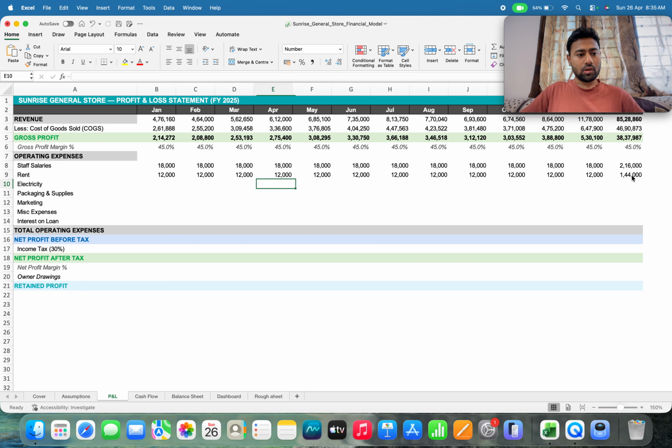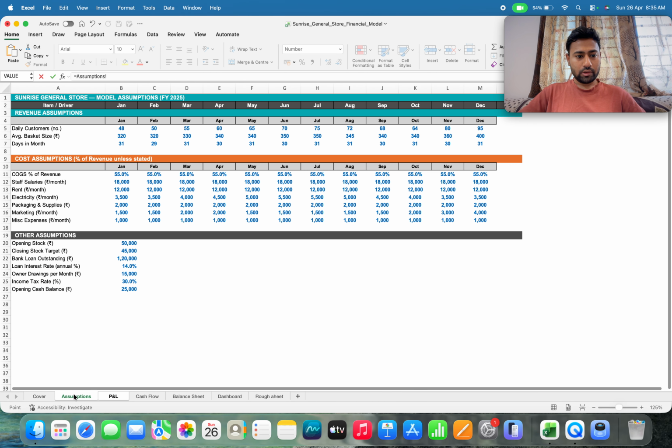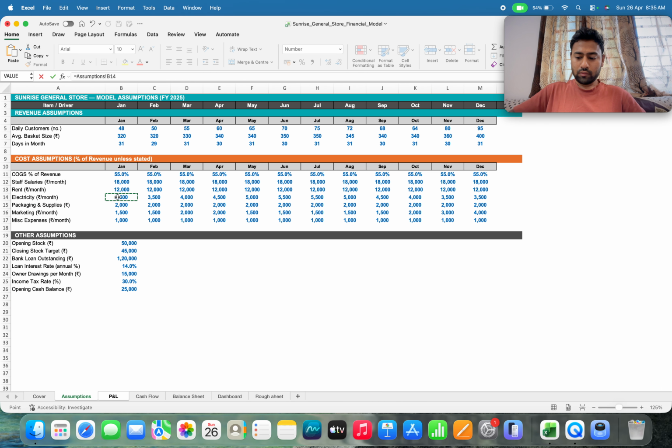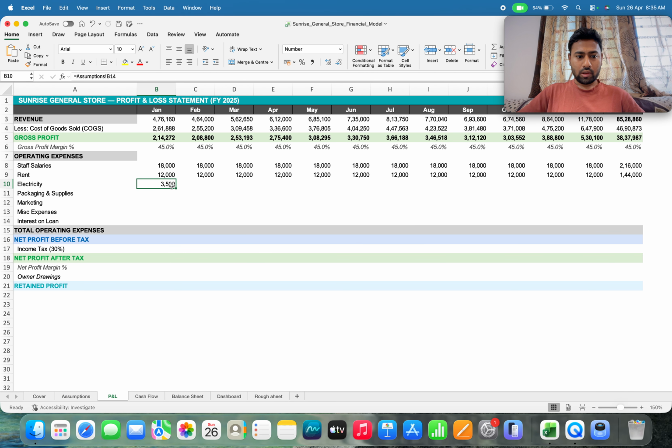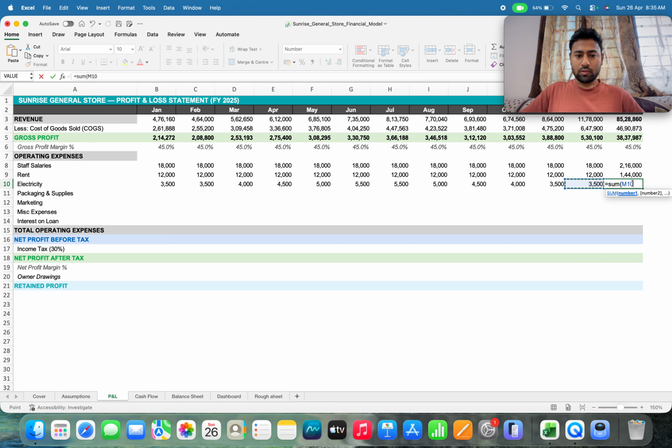Now coming to the electricity, how much is the electricity? 3500. Again we will drag this from here to here. We'll get the total. We'll do a summation, is equal to sum total.